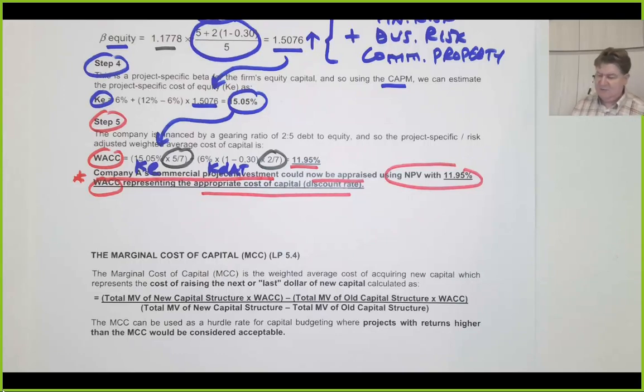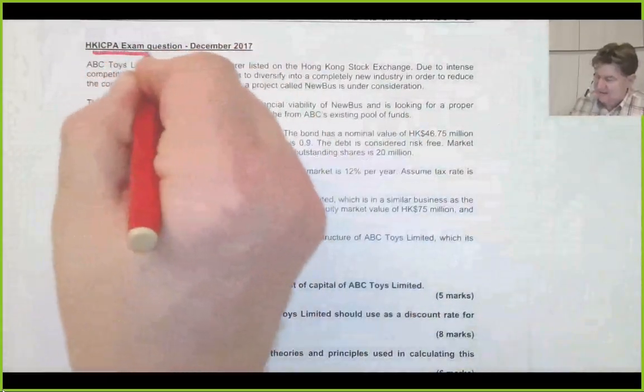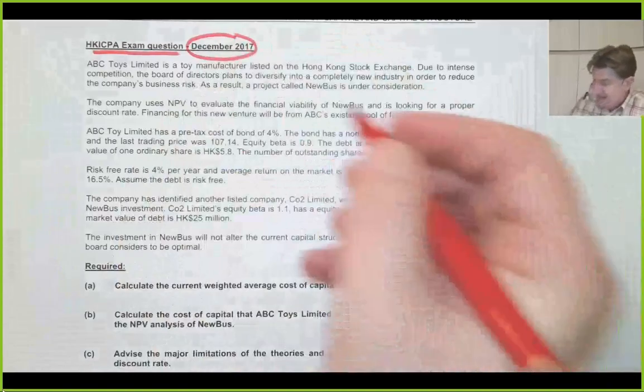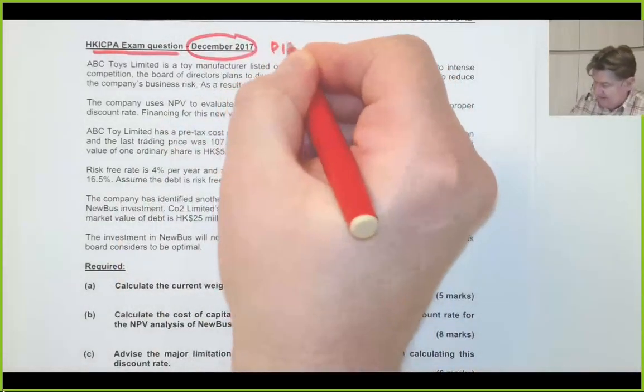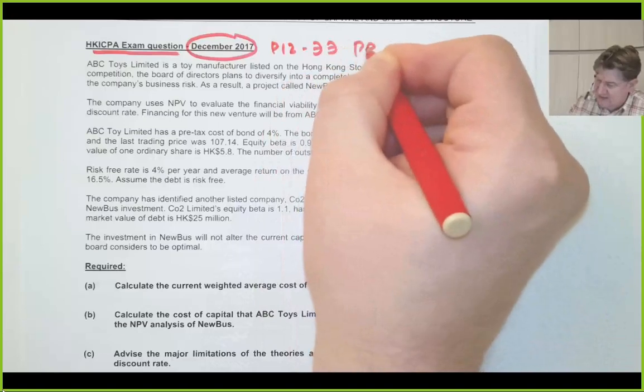What I'm going to leave you with is another question here to practice. This is December 2017. And now come back to this again. So 2 questions we're going to come back to next time.